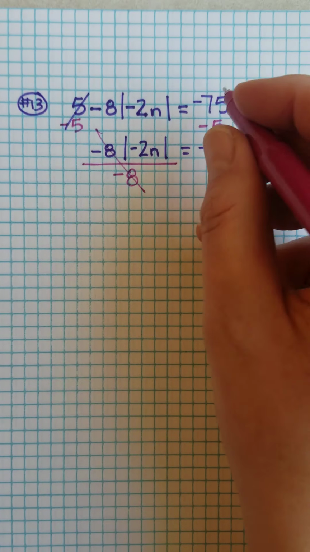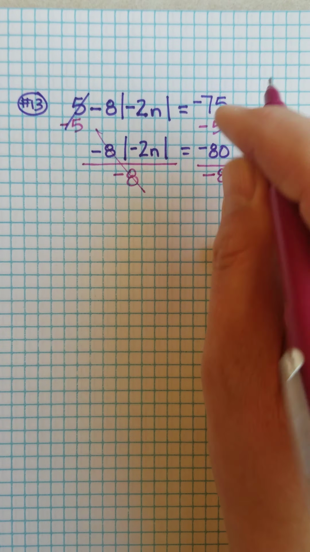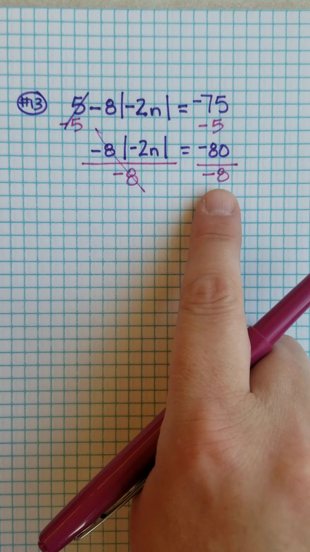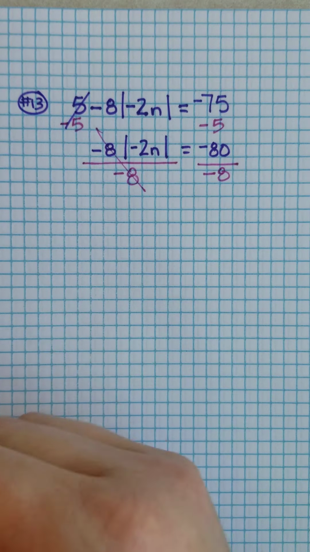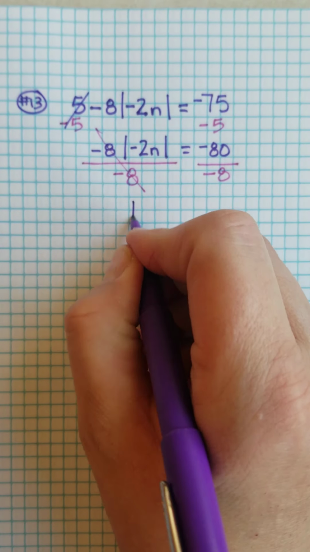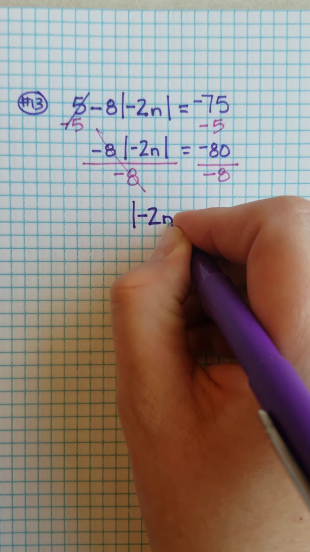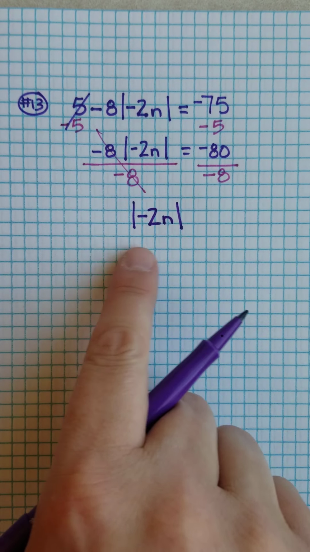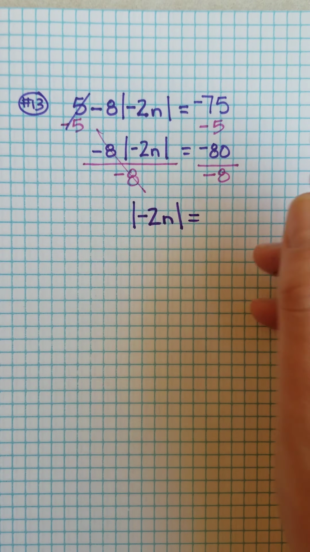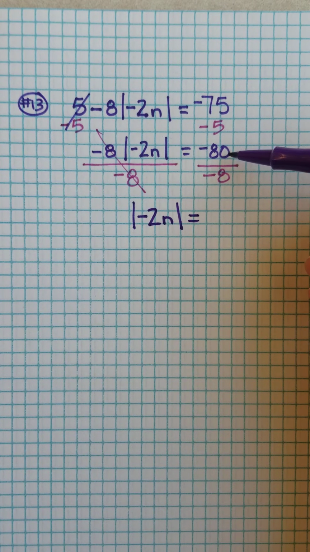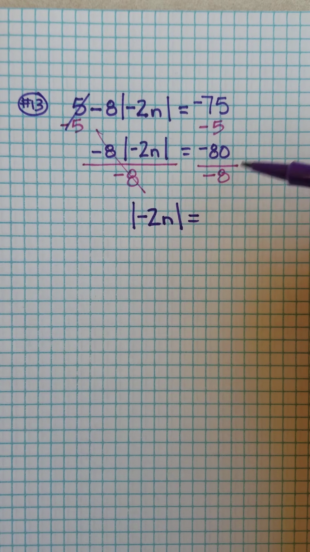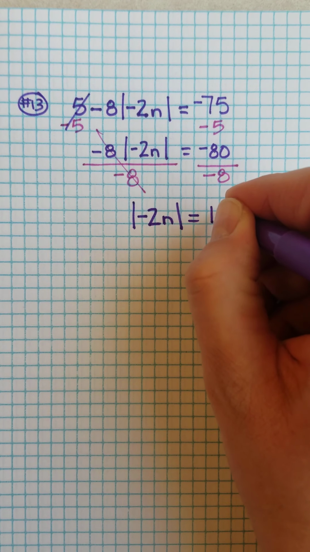Whatever I do to one side, I need to do to the other, so that's negative 8 over here. Once we do that, the absolute value of negative 2n is now isolated on one side, and my negative 80 divided by negative 8 gives me a positive 10.